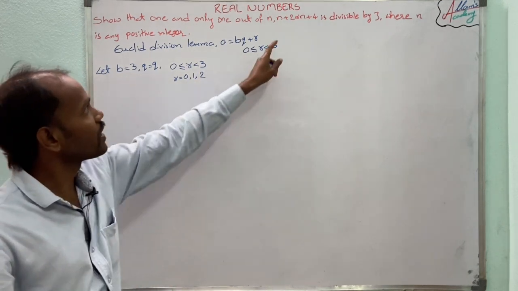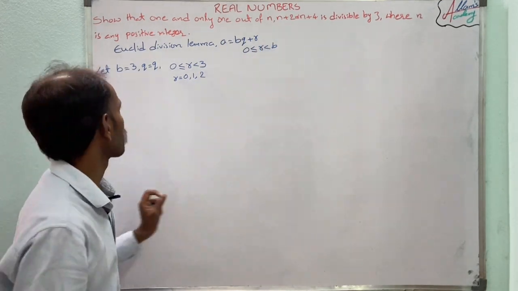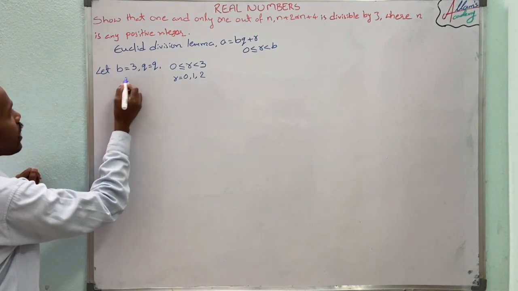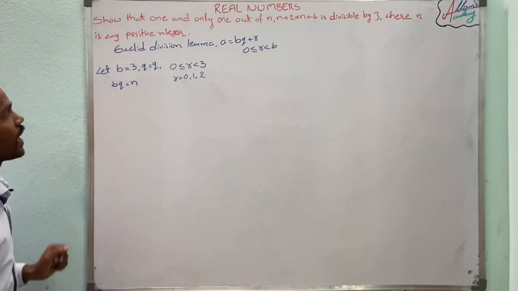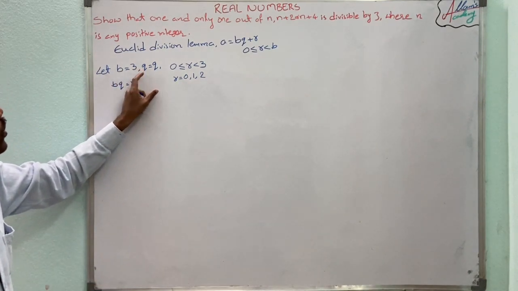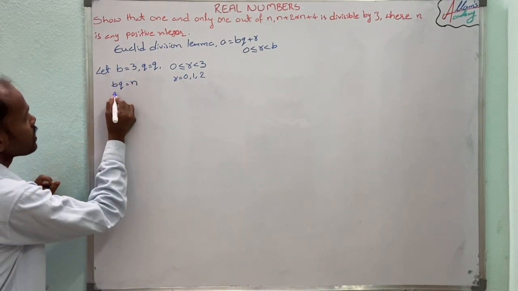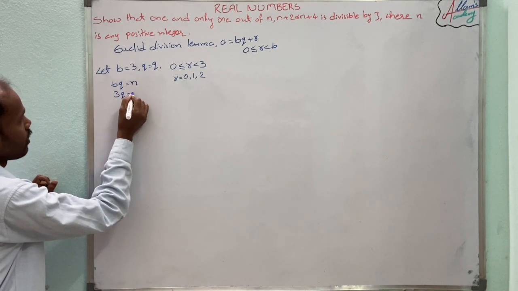The product of bq is nothing but n, that means 3 into q is nothing but n.